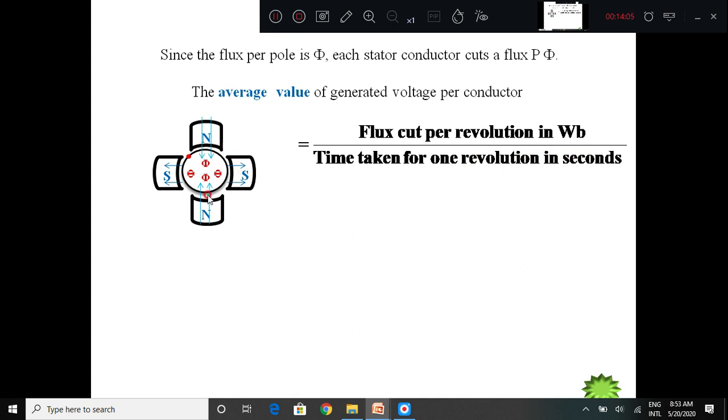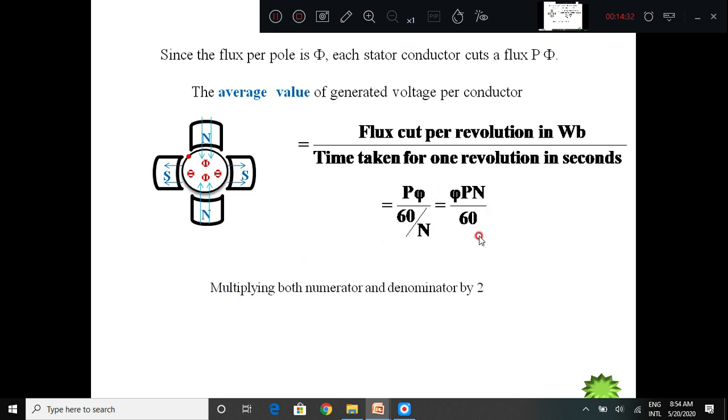I am considering one revolution here. What is the flux cut? It is P into phi. Then what is the time taken for that? It is 60 by N. It is P phi divided by 60 by N. That is what we are getting: phi P N by 60. This is the average value of the induced voltage in a single conductor. It is the average value.